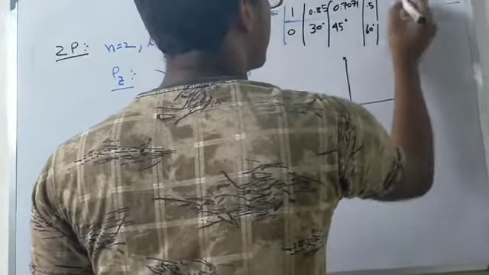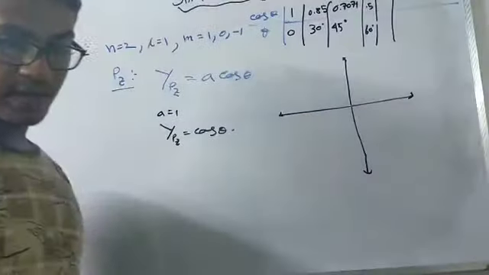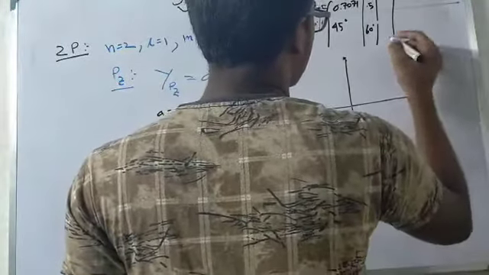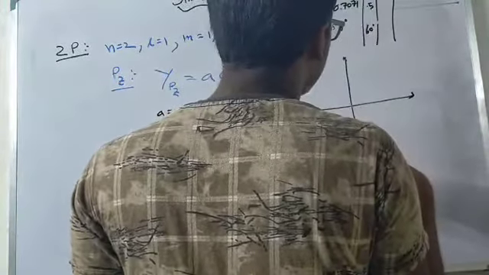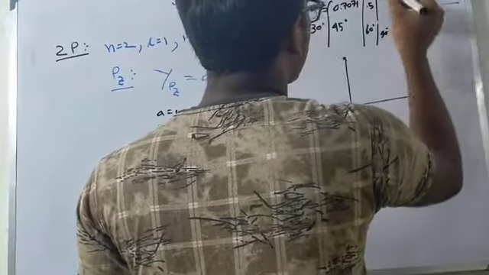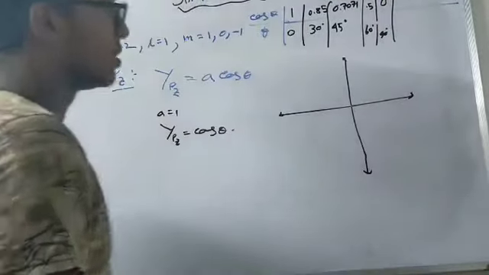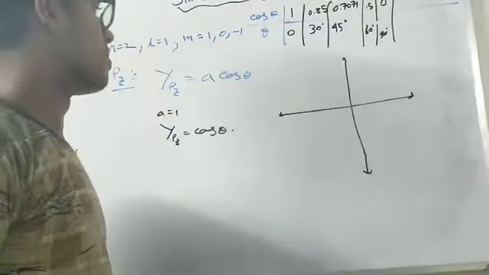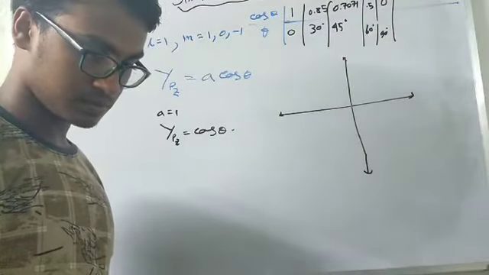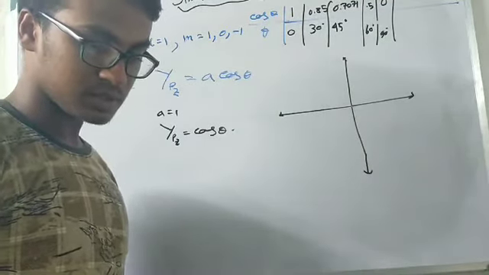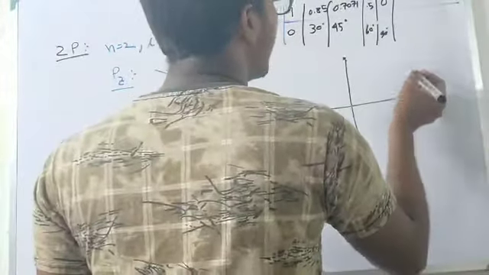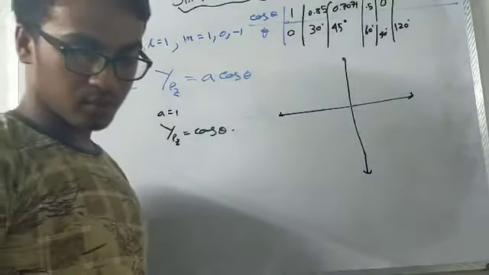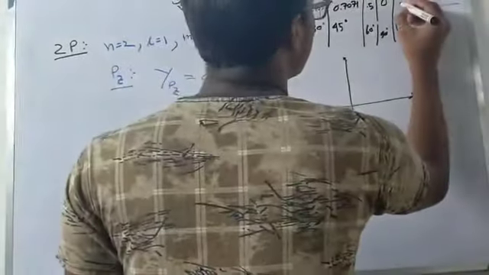Then if this is 90 degrees, the value is 0. If I further increase the angle to 120 degrees, the value of cos 120 degrees is minus 0.5.